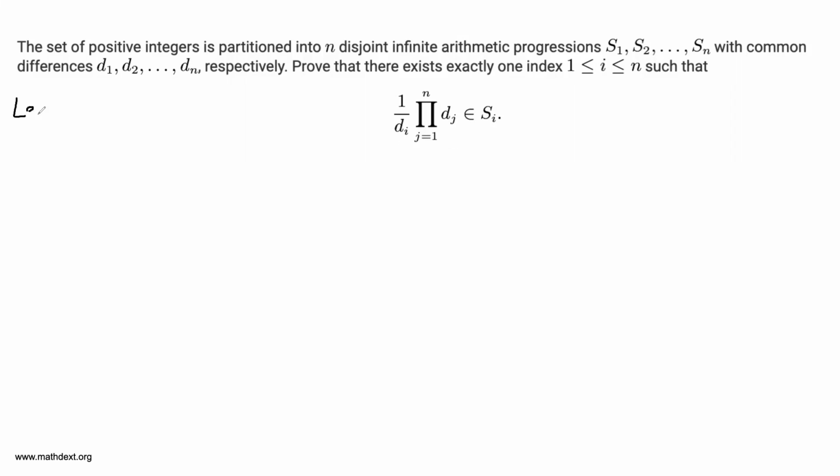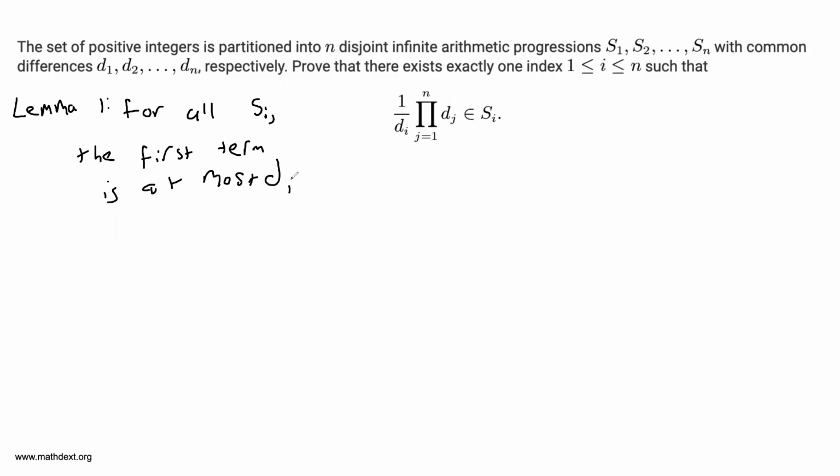First of all, we have lemma 1, which is that for all sequences Si, the first term of the sequence is at most di. So the first term is at most the common difference. It can't be any bigger.